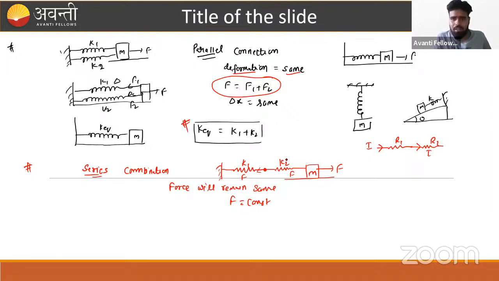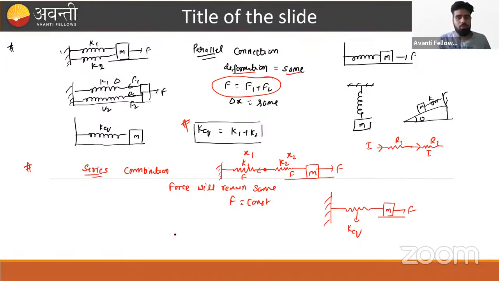Say deformation in the second spring is x2, and the deformation in the first spring is x1. If the same task done by spring 1 and spring 2 combined is performed by a single spring, that single spring is known as the equivalent spring, and its spring constant is known as K equivalent. I hope this is clear.